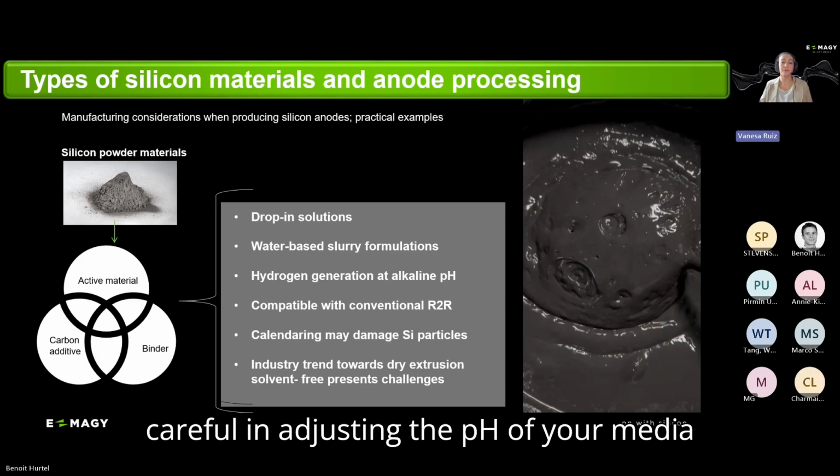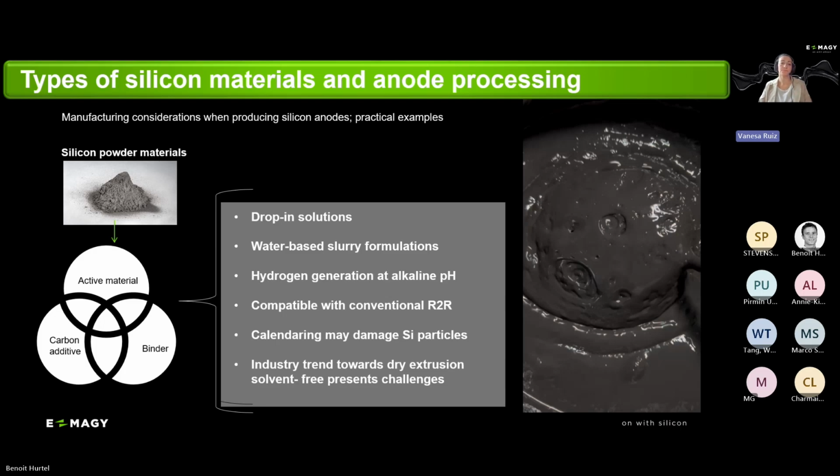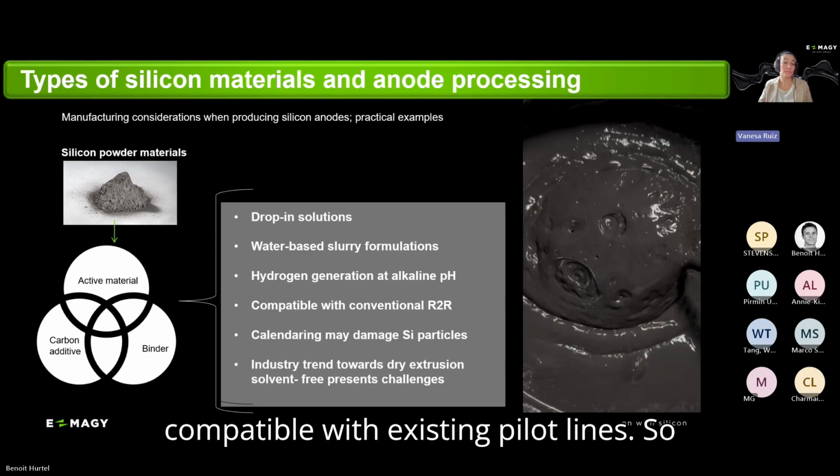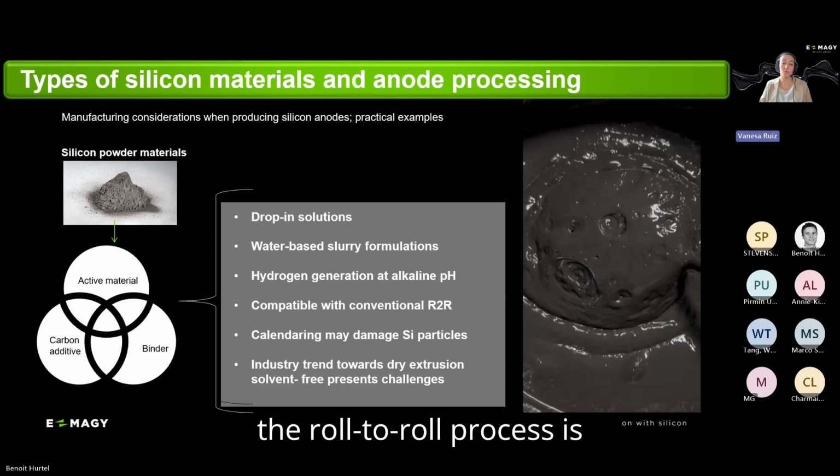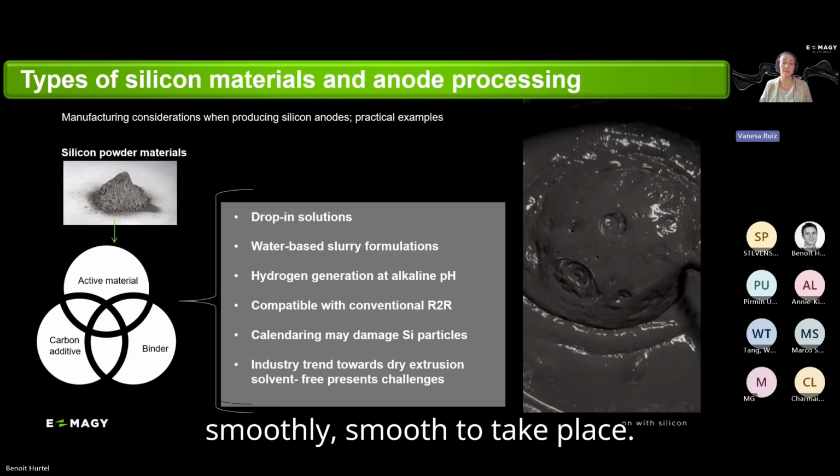So you have to be very careful in adjusting the pH of your media. As mentioned, this process is compatible with existing pilot lines, so the roll-to-roll process takes place smoothly.